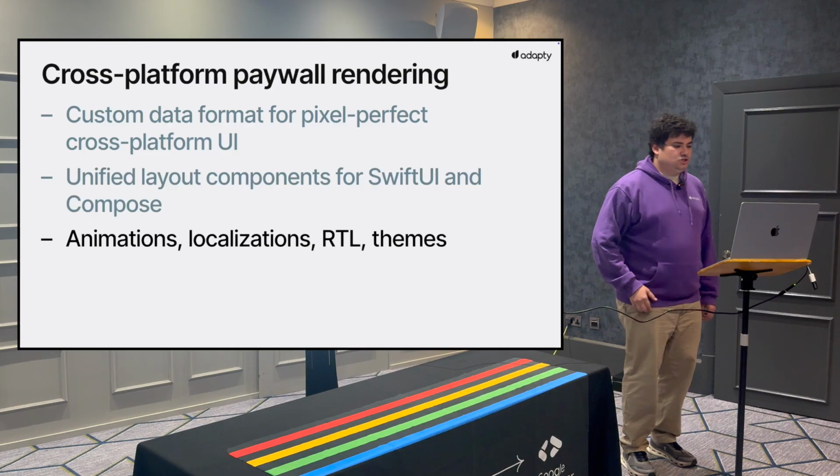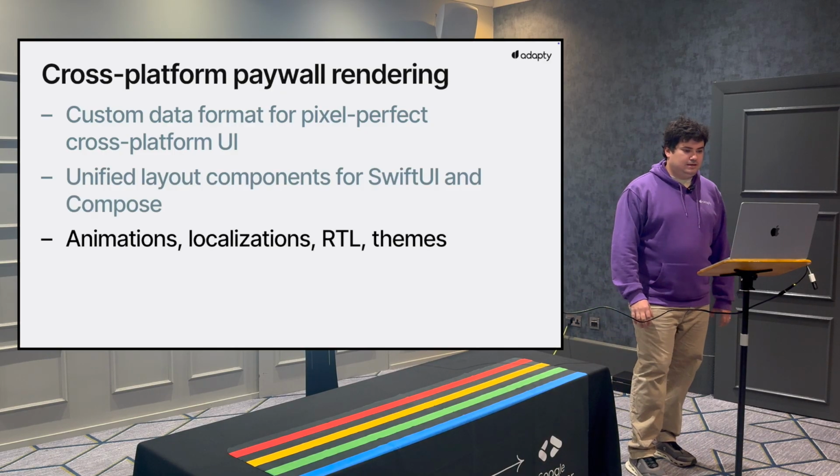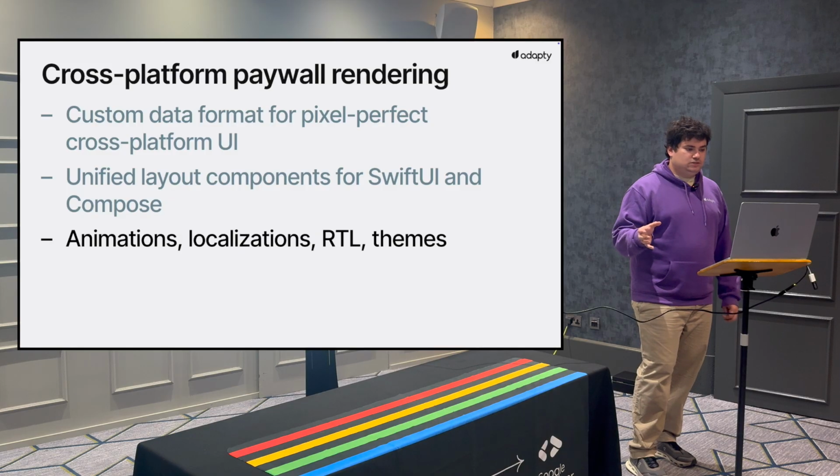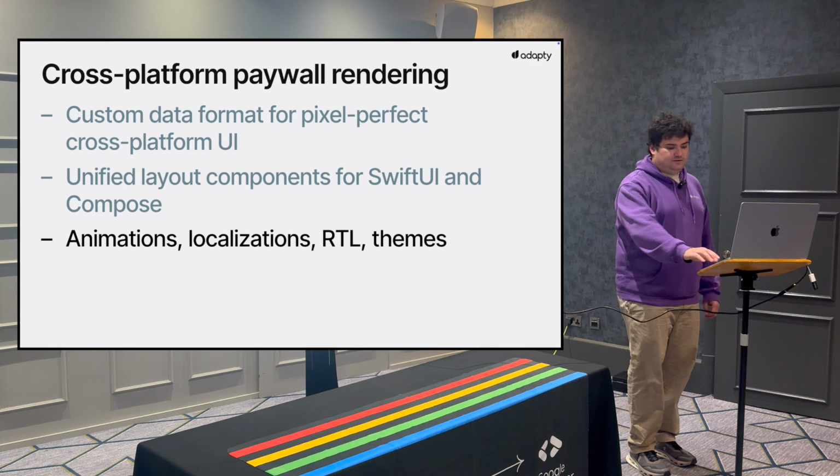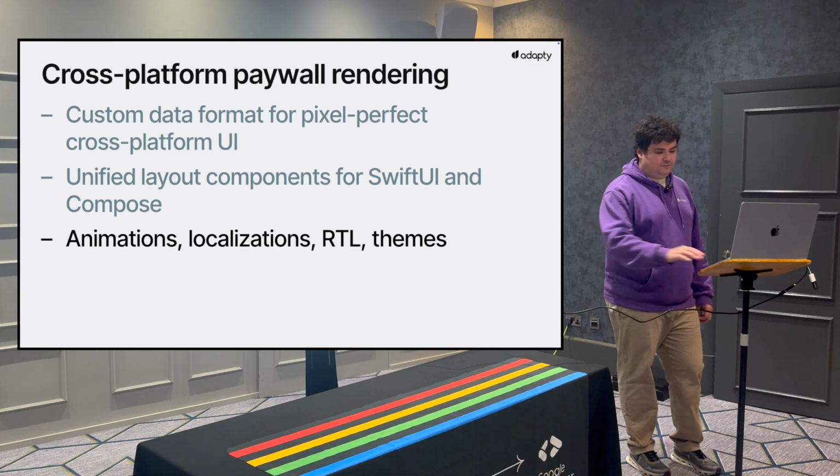And then animations, localizations, themes, these are also things that you should take care of when you build native implementations for the screens, because they would also work differently across the platforms if you just use native components.